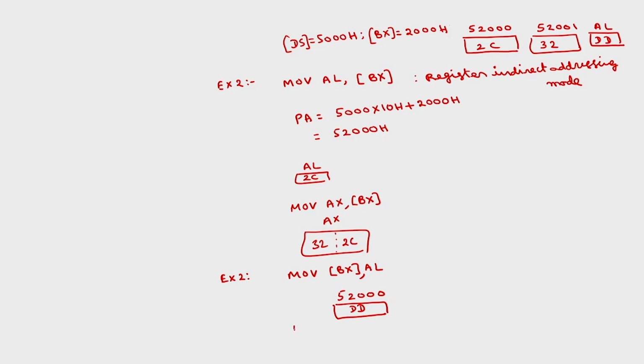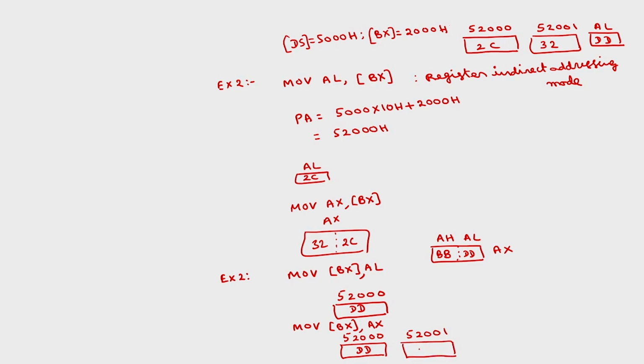If it is 16 bit, MOV [BX], AX, with AH and AL together forming AX, if AL is DD and AH is BB, then after this 52000H will have the AL contents, which is DD, same as the previous one, and the next address, 52001, will have the AH contents BB.